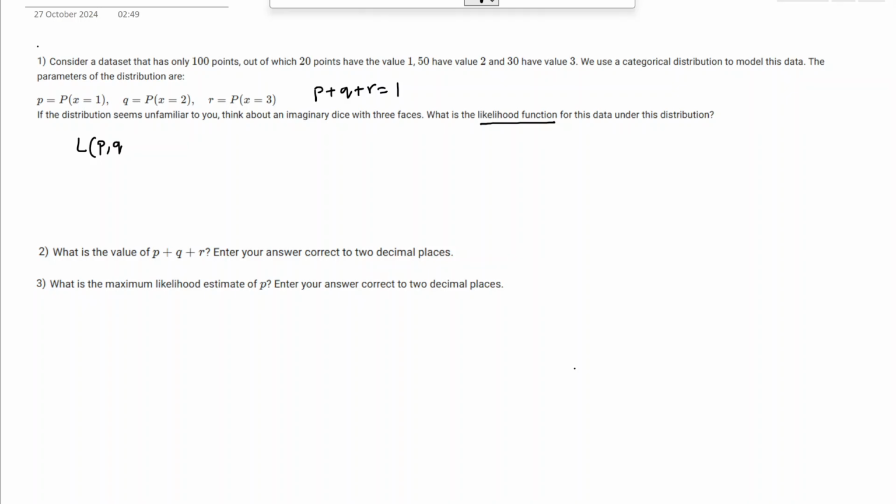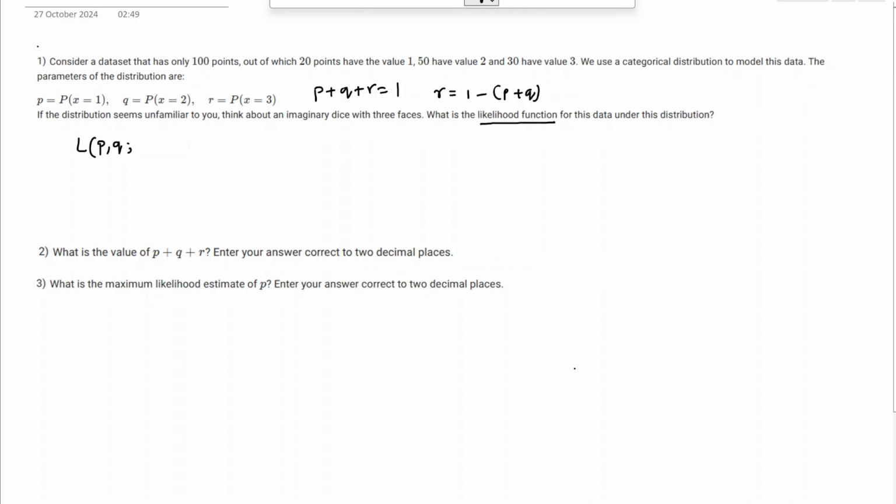The other one is automatically chosen. So we can essentially write r to be 1 minus (p plus q). Since you can represent r as a function of p and q, the likelihood function is only a function of p and q. At the same time, you can also take it as a function of q and r, but only two of them at a time.